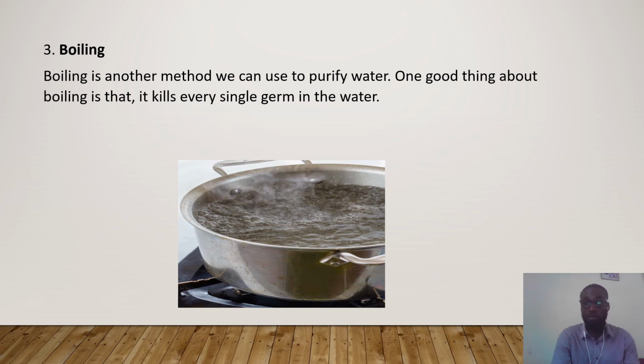We talked about boiling, addition of iodine tablets, and addition of chlorine. All these are methods of purification. When we use any of these methods, we can make our dirty water clean and safe for use.